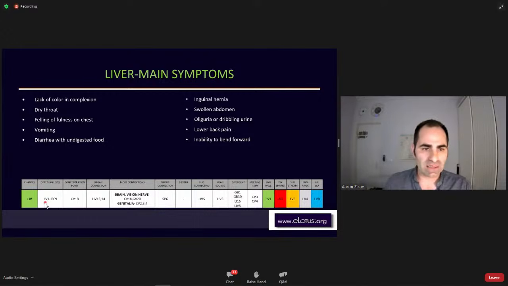So Jueyin, liver 1, pericardium 9, and concentration point with CV Ren 18. Connection to the brain because of the internal channels, and connection to the optic nerve that is responsible for vision, and genitalia, of course. Also liver 5 as the Luo connecting point affecting the genitals.